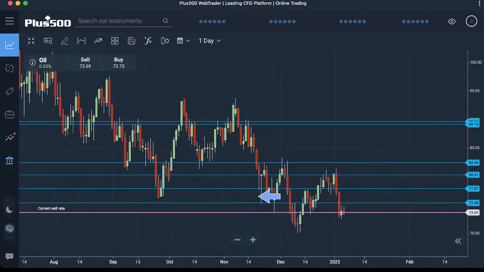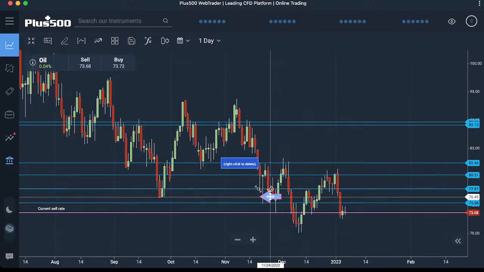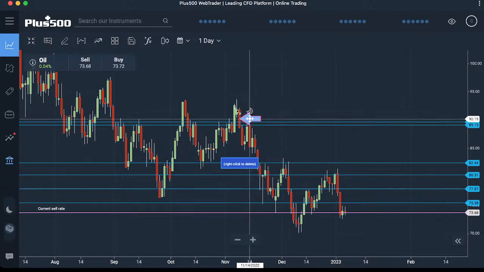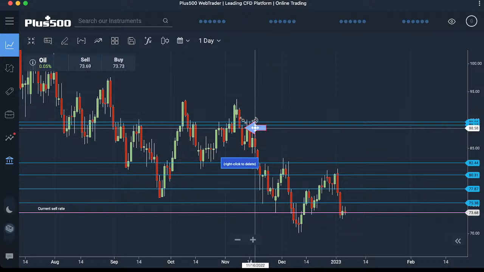And you can see here, I'll put this arrow to show you exactly, when the price is pushing to the downside, it's creating this fair value gap.